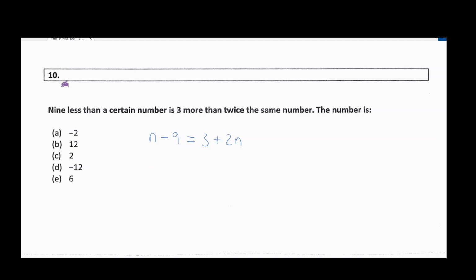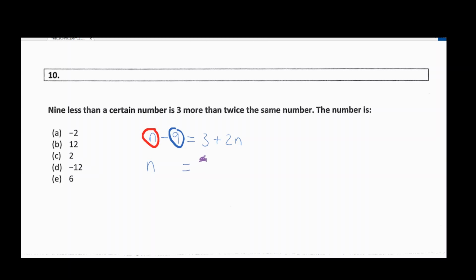Now, to solve this, we're going to do it like this. We need to get all these letters on one side, and the numbers on the other side. When you change the side, you change the sign. So I'm going to leave the n there. I'm going to move this minus 9 to the other side. It will become a plus.